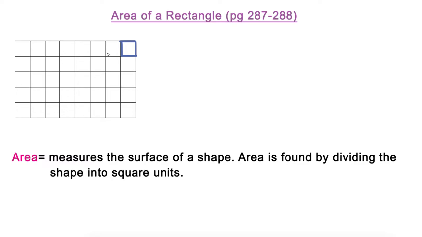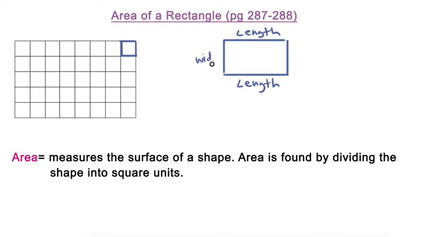An easier way to figure out the area of a rectangle is to multiply. I hinted at that during my last lesson. If you remember rectangles, top and bottom is the length, the longest part, and the sides are the width.